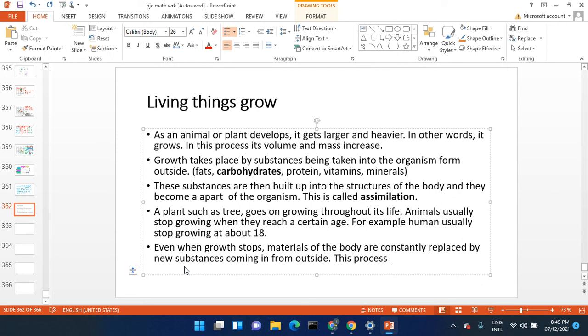Anyone like that? As you grow older, you don't see the scar no more, or you see it fading away. Yeah, that's the same thing. The process is being renewed. The scar was much deeper on my hand. I'm even surprised to see how much it cleared up. That's because it's renewed.